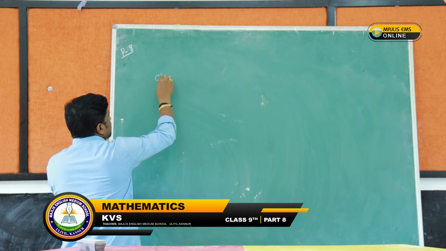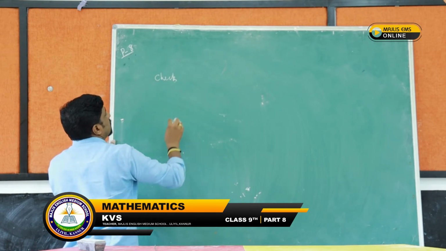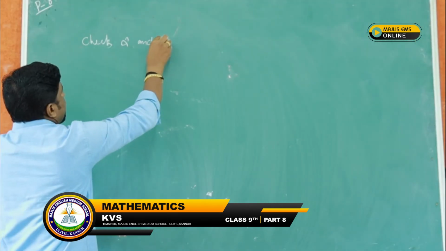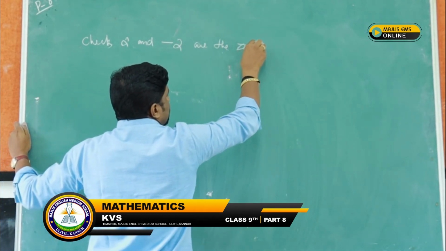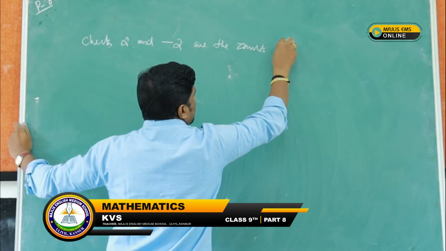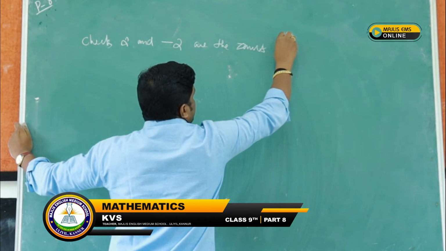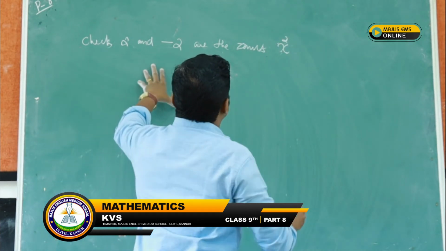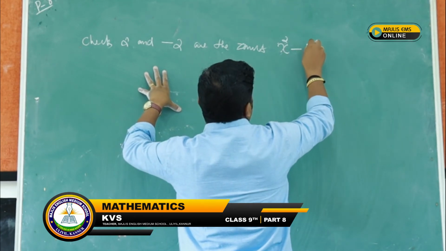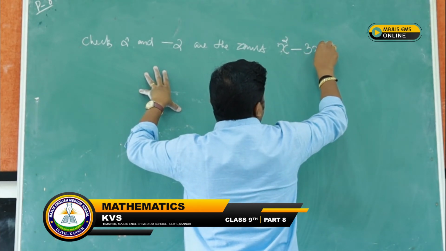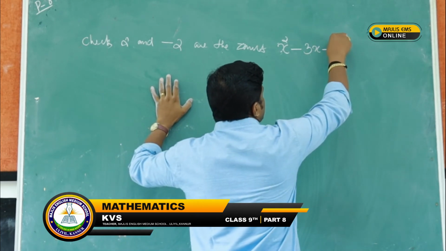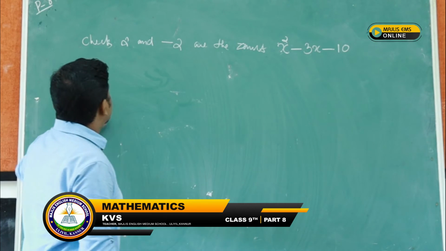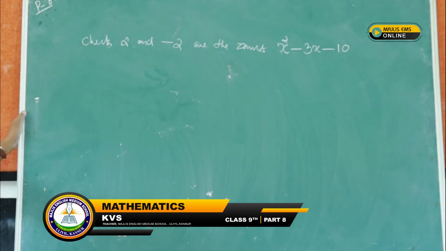Check: 2 and minus 2 are the zeros of x square minus 3x minus 10.